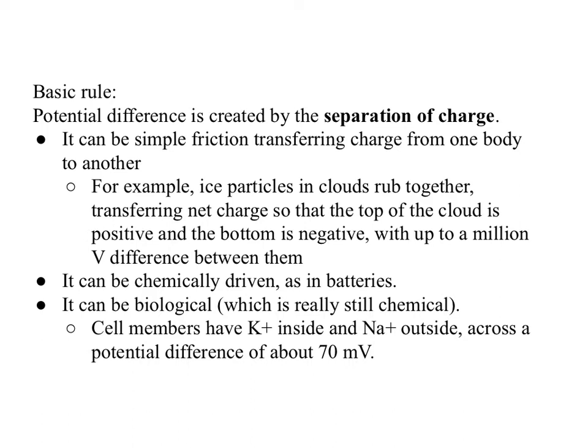Cell membranes, for instance, have potassium inside and sodium outside, across a potential difference of about 70 millivolts. And there is what's called a potassium pump, a reaction rate that keeps this going, even though the concentration would have it drive the other way. And that chemical reaction also creates this potential difference.